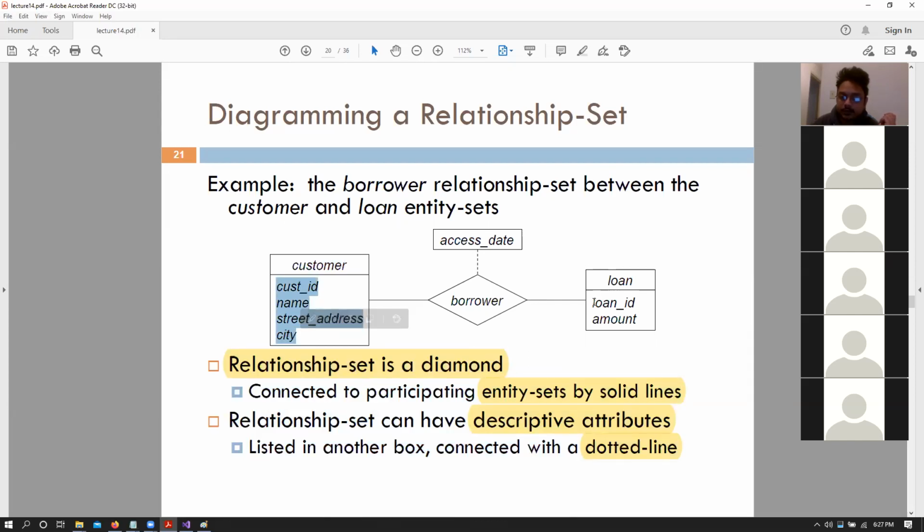We have a loan entity that has these attributes. And we are just saying that these two tables are related using this particular borrower relationship that has this extra attribute of its own as well. Does this diagram make sense? Yes or no? Do we understand this diagram, and can we connect it to our customer table, borrower table, loan table, and so on? Any questions about this diagram?